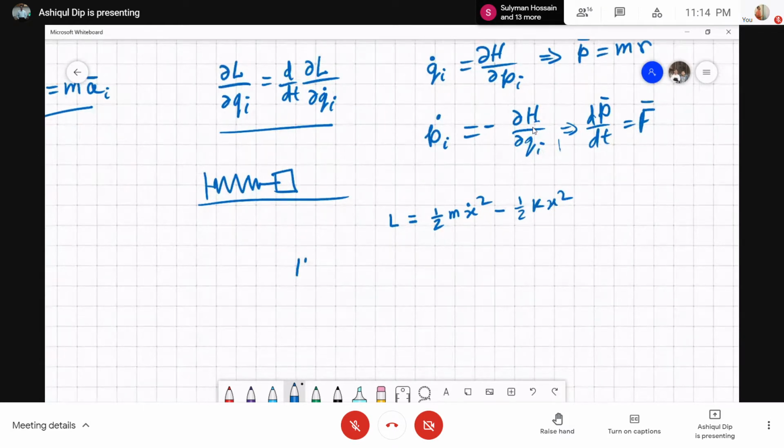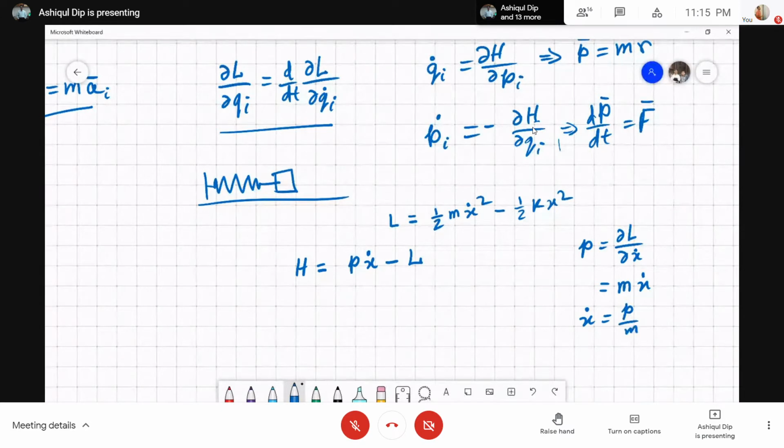By definition, Hamiltonian is p x dot minus L, where p is defined as delta L by delta x dot. If you take the derivative, you see that p equals to mx dot. That means our x dot would be p over m, right? So you need to substitute over there.